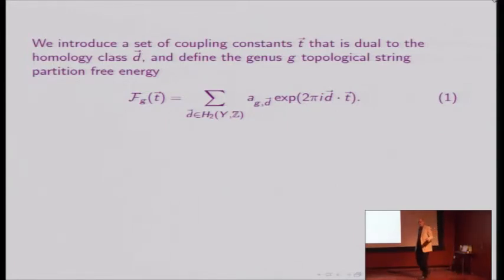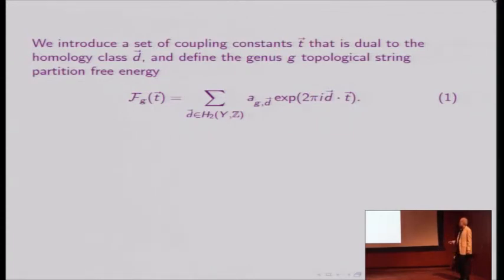So Ooguri has set up the machinery where you show that there aren't any quantum corrections to the classical action, and the classical action can be written this way. T are the Kähler parameters that were in Ooguri's lecture, and D are the winding numbers.